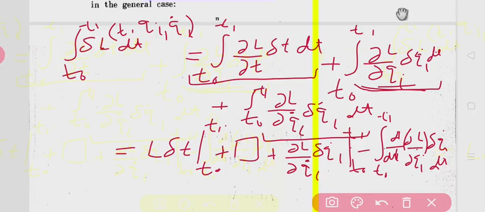Here I use the value at t1 minus the value at t0.